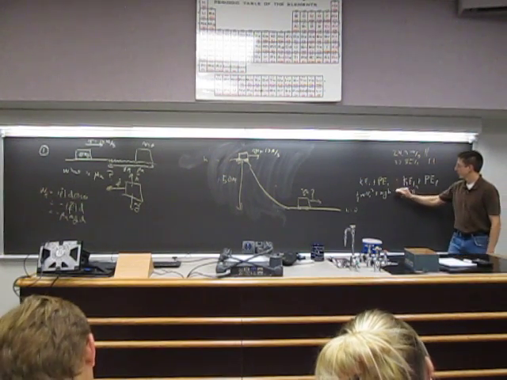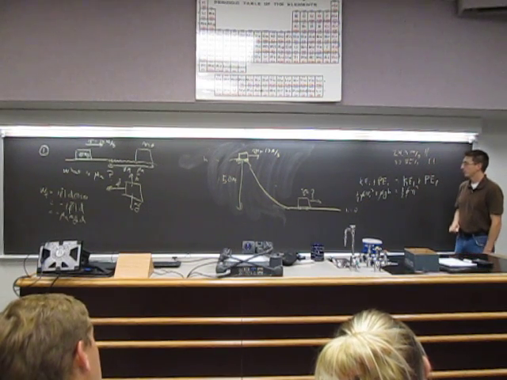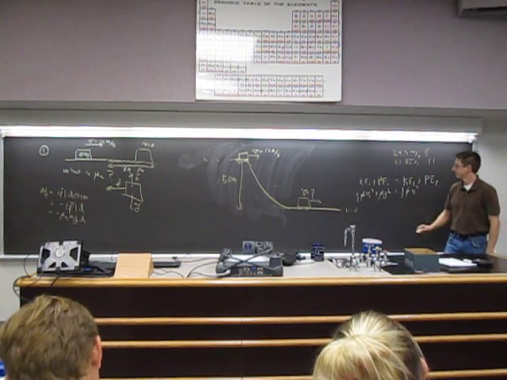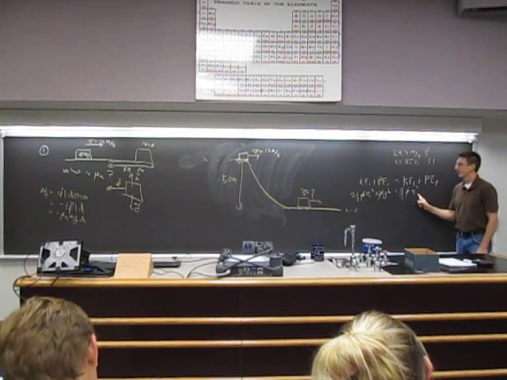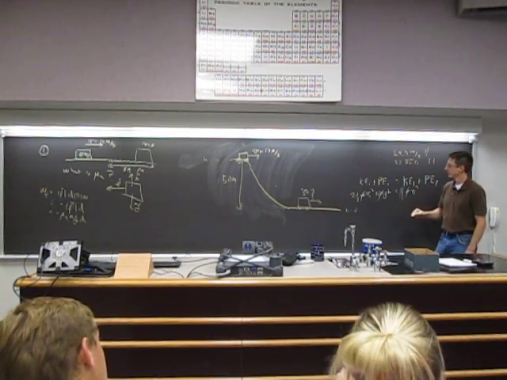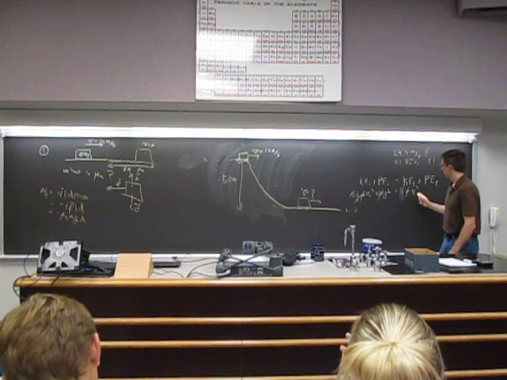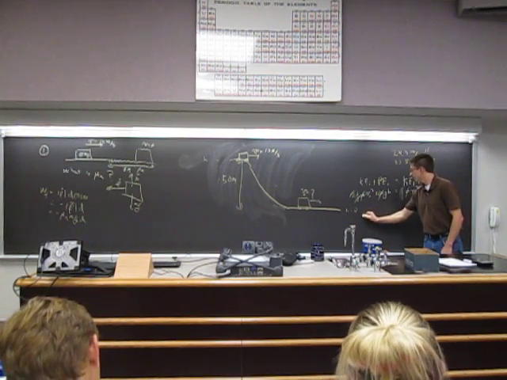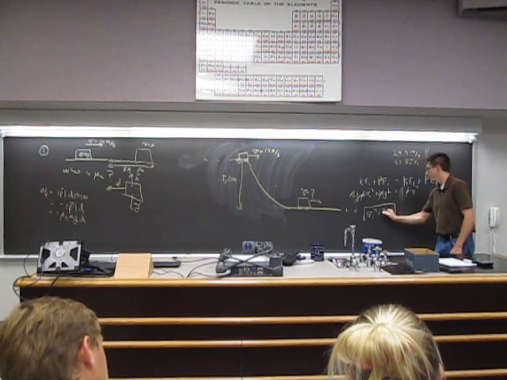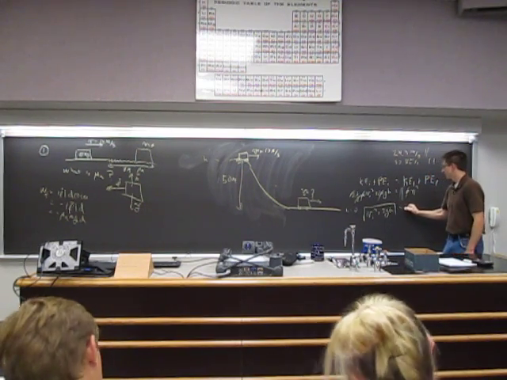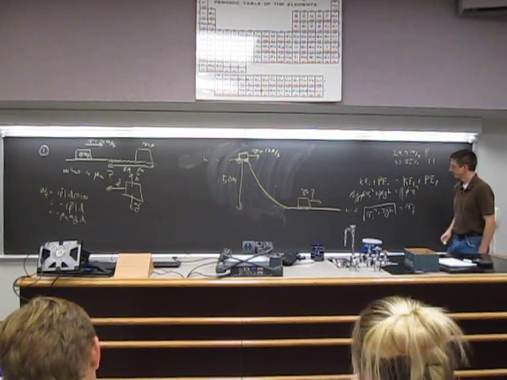I'm going to divide through by m, and then multiply through by 2. That gives me v final squared on this side. I'm going to take the square root of both sides. I get that the square root of v initial squared plus 2gh is equal to v final.